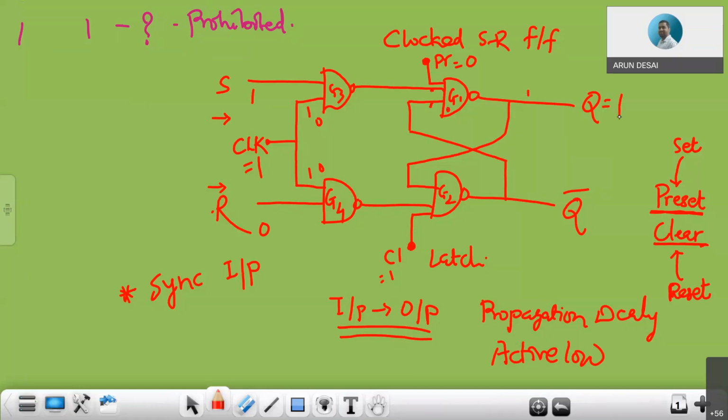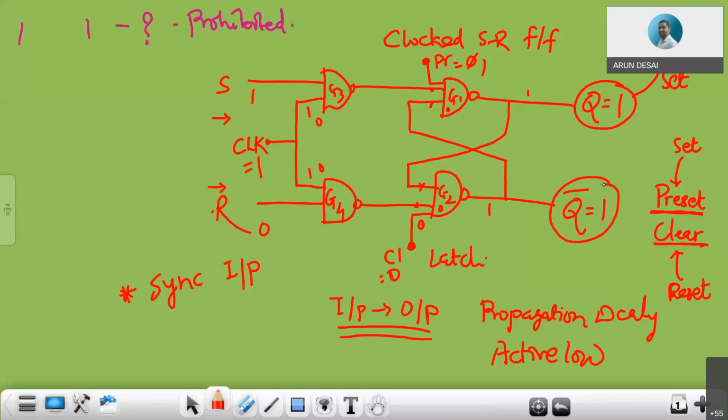That means Q is 1, which means the flip-flop is set. If clear is 0 and preset is 1, this becomes 0. Whatever is there is not considered. 0 into anything is 0, and it is inverted to 1. That means Q bar equals 1.